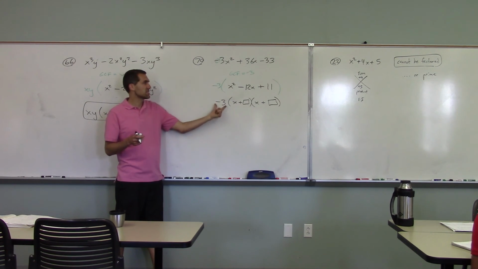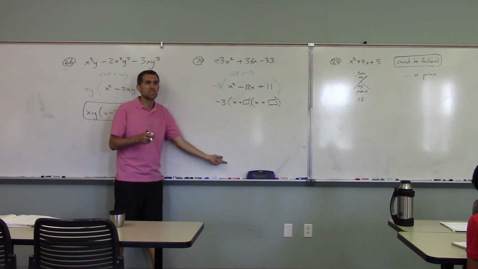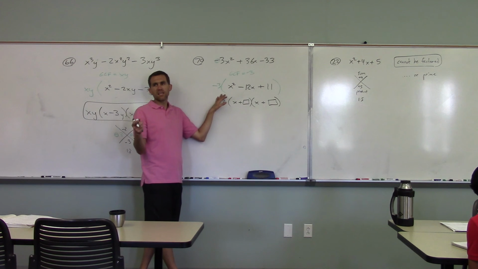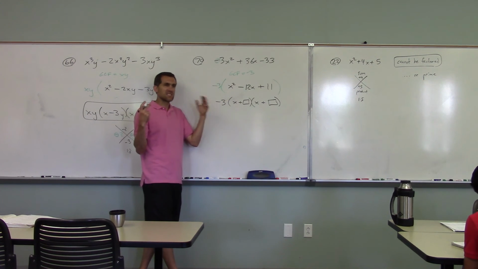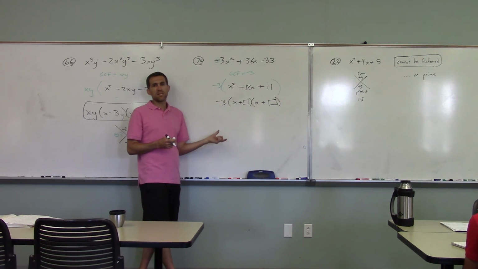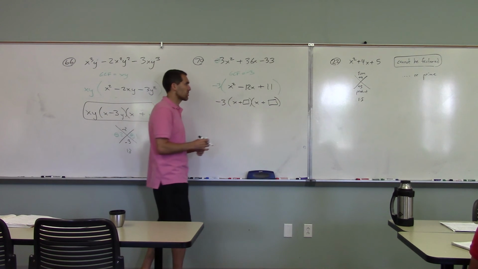But that -3 is there for the entire time until you answer. A lot of people say, oh, well, I just won't write it, I'll remember at the end. And obviously, the common mistake with that is you don't remember at the end because it's a test, it's high anxiety, you're rushing, there's 20 problems, you're panicked, and you just forget to drop it down. So write it in every step so you don't come across that.